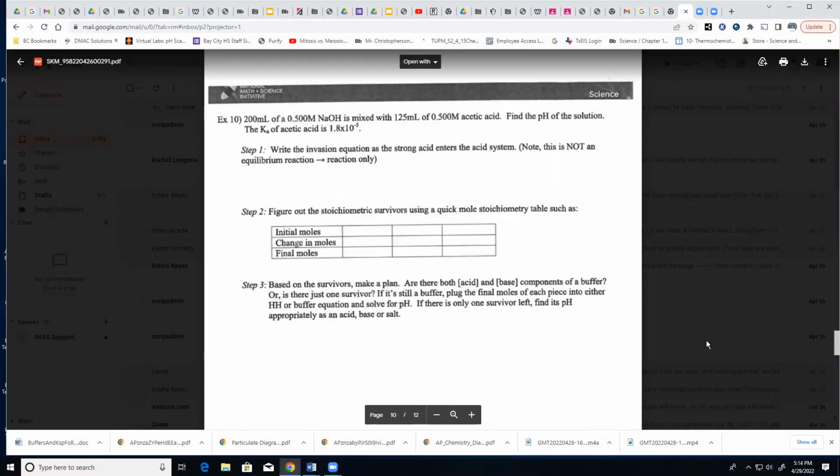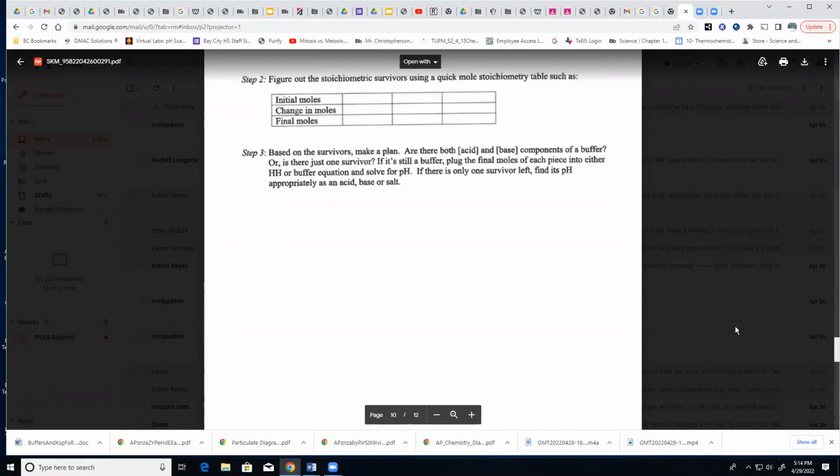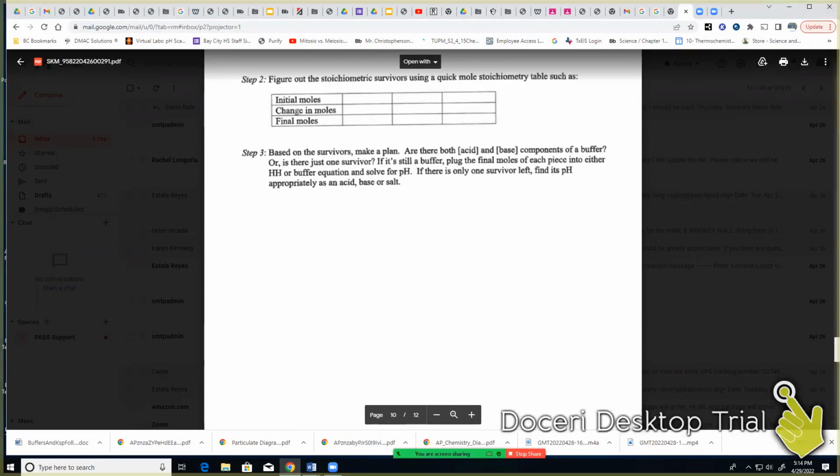All right, let me move that up a little bit. Now we're down to here. So we said we got some hydroxide left over. Once again, I'm going to have my acetate ion plus my water giving me some hydroxide plus acetic acid.